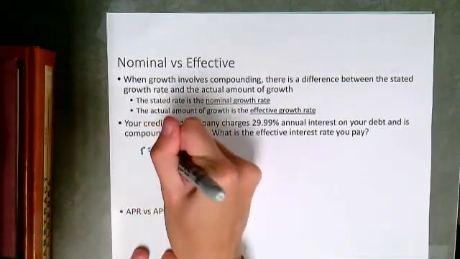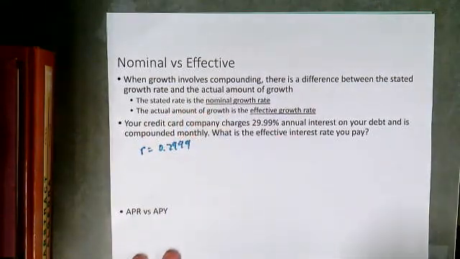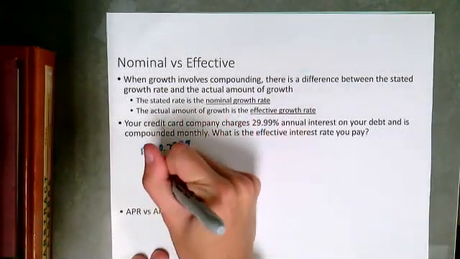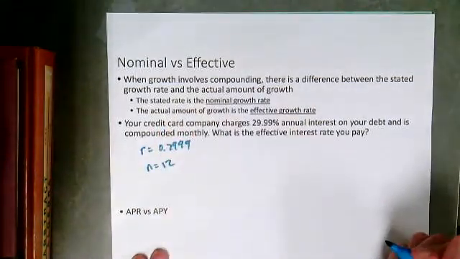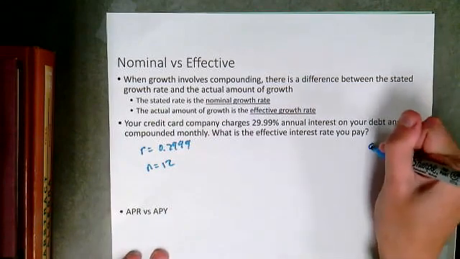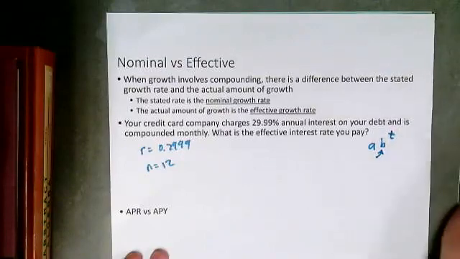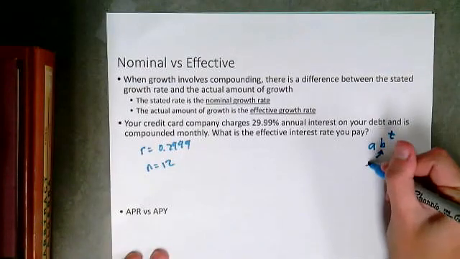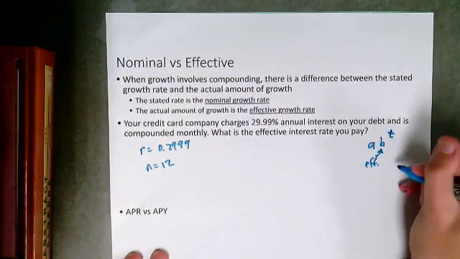R is going to be 0.2999, right? That's our percentage. Our N is going to be 12, since it's compounded monthly. And so what we really care about is A B to the T. What we care about is this B value. That's going to give us the effective rate.